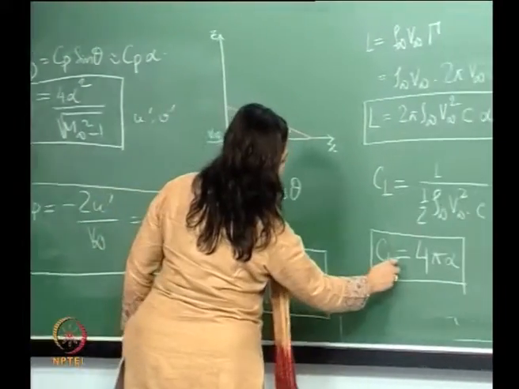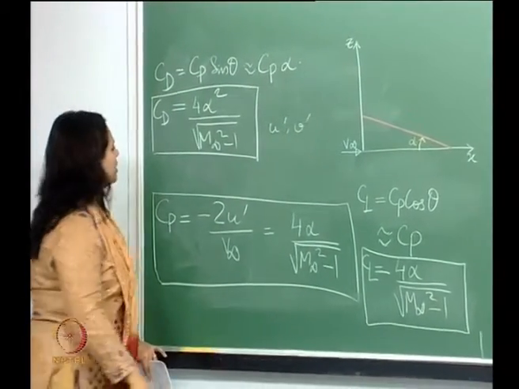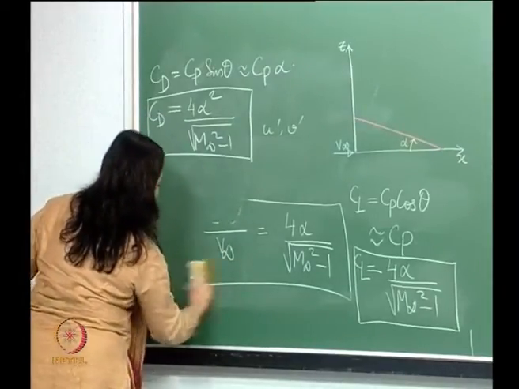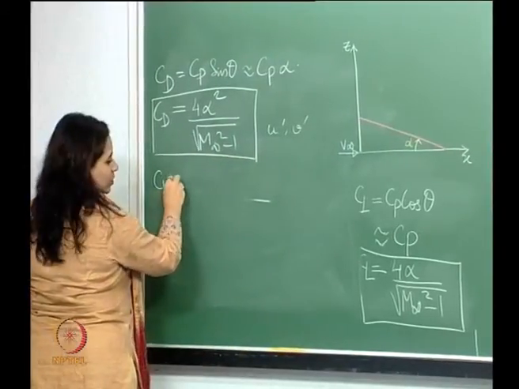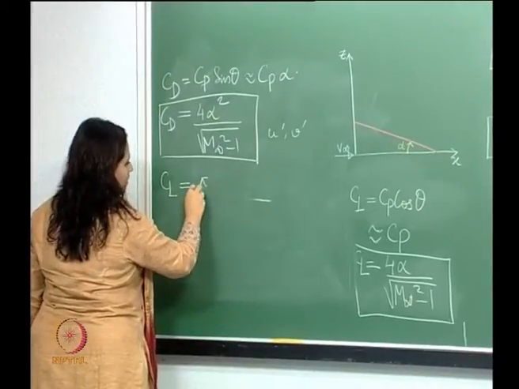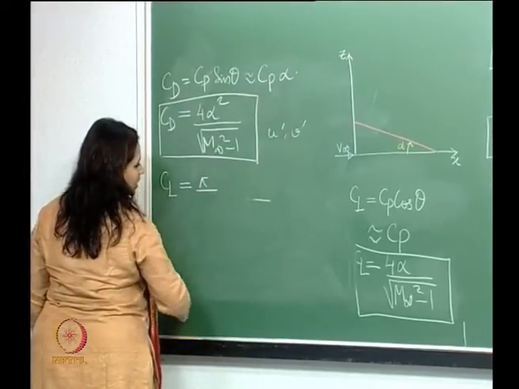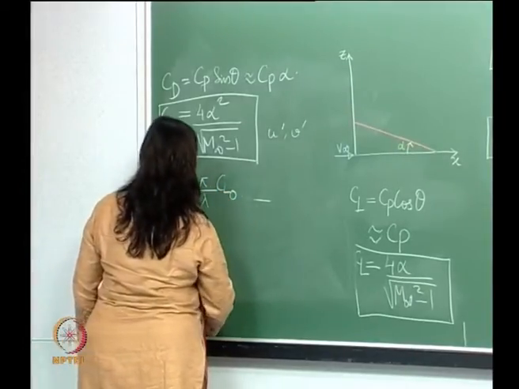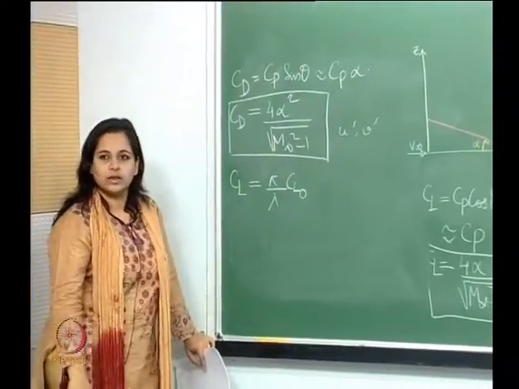So, I can write this with the incompressible value. So, our Cl supersonic is basically pi by lambda, we used a lambda, right, into Cl0. So, this is the correction we use in this particular case.